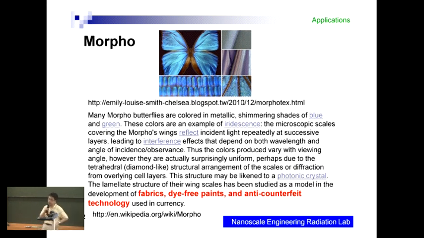So this is another nanotechnology: tiny nanostructures can diffract light, and those diffracted lights will show your eyes different colors. So this kind of thing is another example of how nanostructures can be used, like fabrics, dye-free pens, and anti-counterfeit technology used in currency.